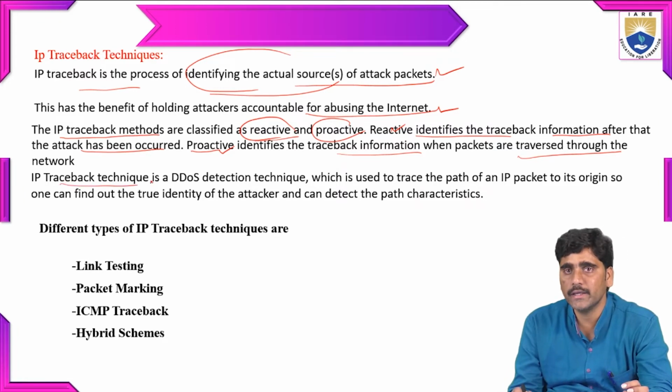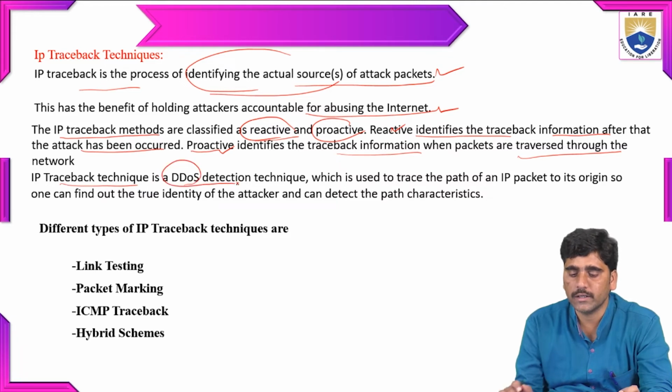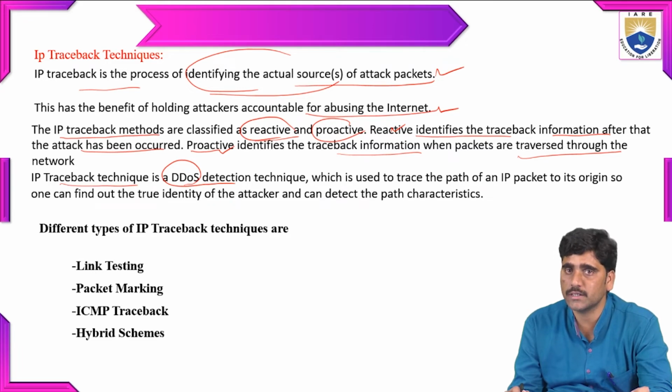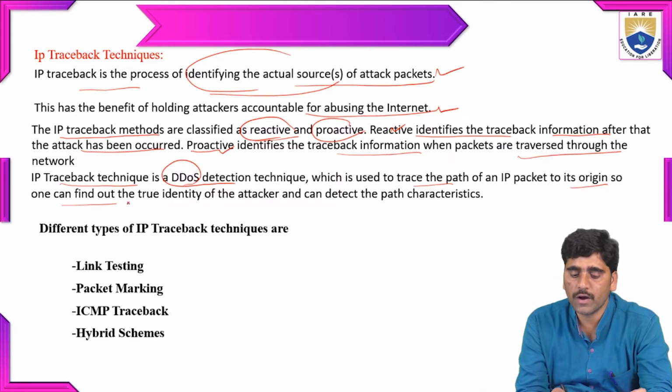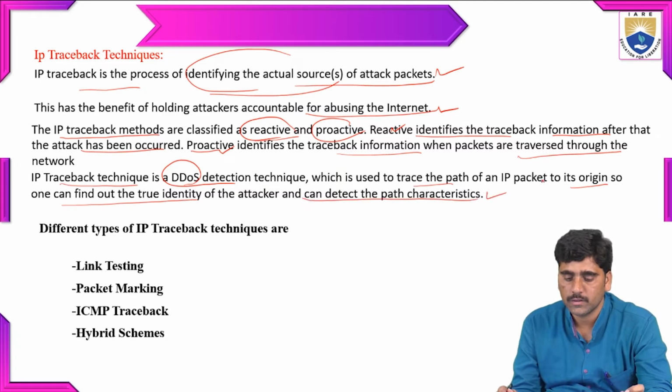The IP traceback technique is a DDoS detection technique, that is, distributed denial of service detection technique, which is used to trace the path of an IP packet to its origin. So one can find out the true identity of the attacker and can detect the path characteristics also.